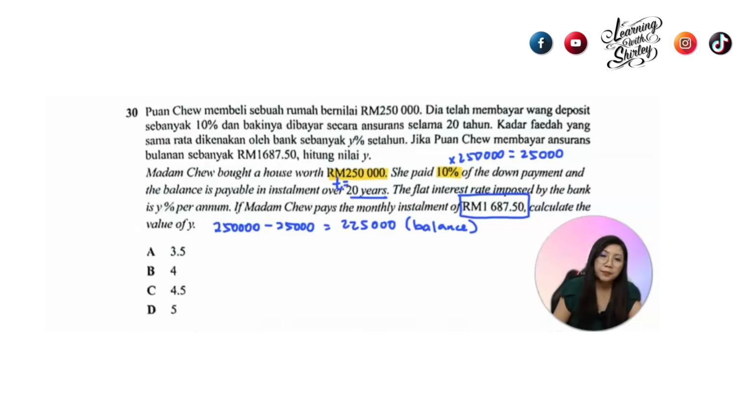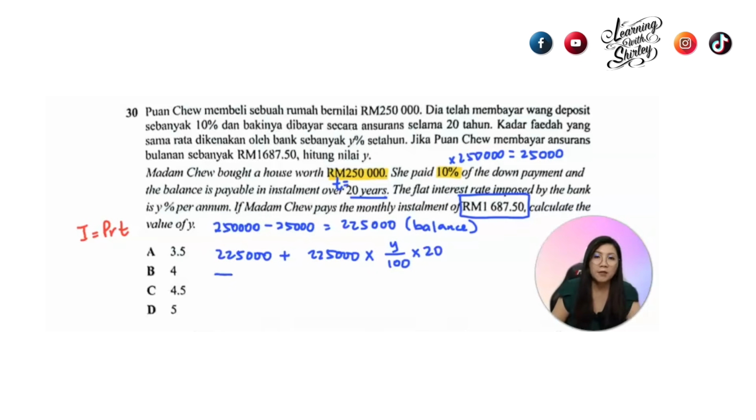So I'm going to use 225000. This is the principal, which is the money that you borrow from the bank at first, and then plus with the interest. What's the formula for interest? PRT, right? So the principal here is 225000 times with the interest rate, which is y/100, times with the t, which is 20 years.